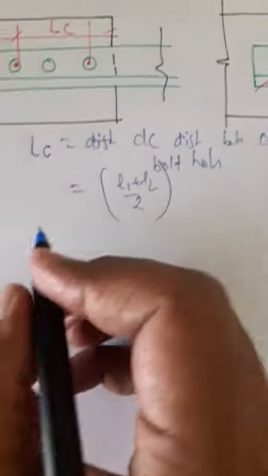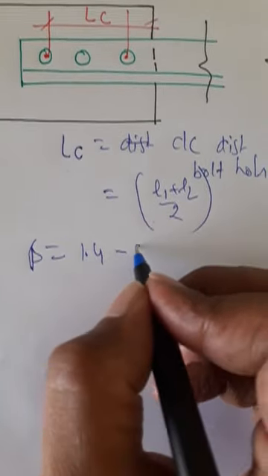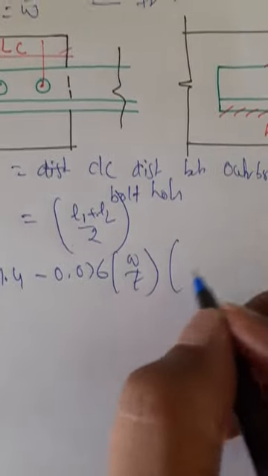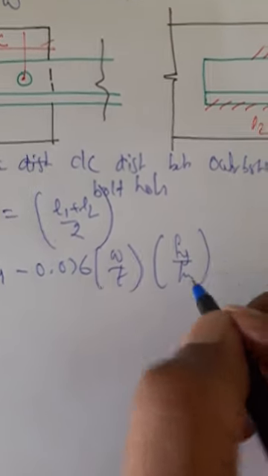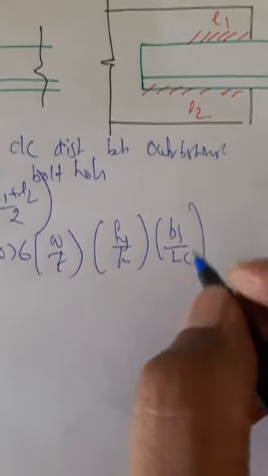Now from this we will define the term beta. Beta is given as 1.4 minus 0.076 (W by T) (Fy by Fu) (Bs by LC).